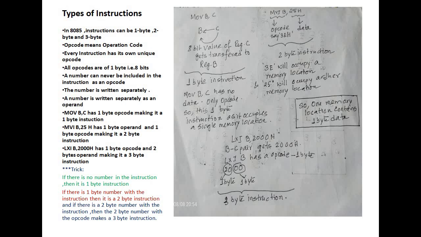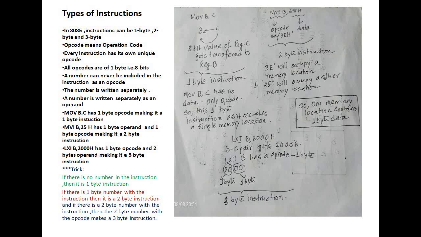When it fetches the instruction, it looks at the pattern of zeros and ones. MOV B comma C has a specific opcode. So the assembler will convert MOV B comma C, that is assembly language, into machine language in the form of zeros and ones.